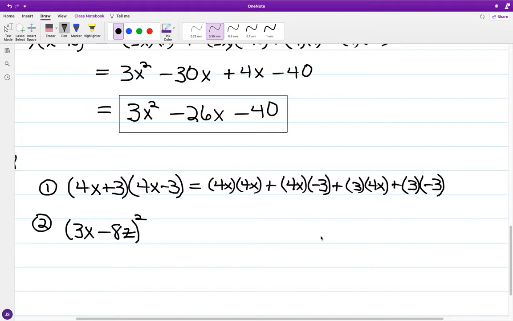And in terms of the follow through, so you have 4x times 4x, so this will be 16x squared. And then we have 4x times negative 3, so this will be a negative 12x. Then for the inside product, we have 3 times 4x, so this will be a positive 12x. Then we have 3 times negative 3, so this will be a negative 9.